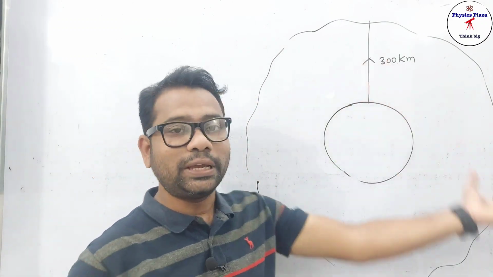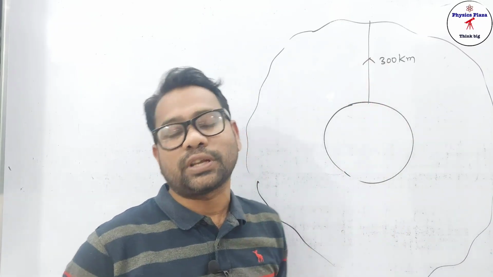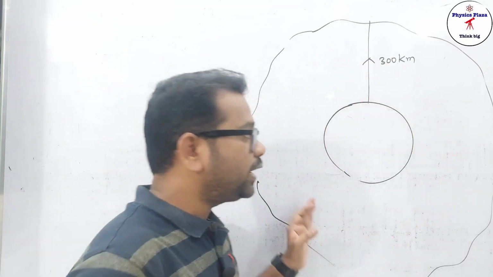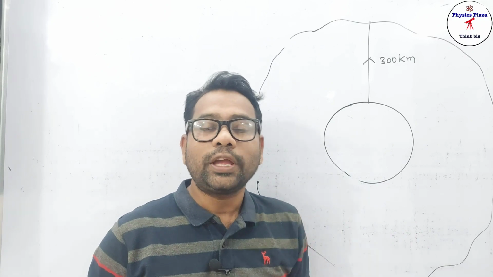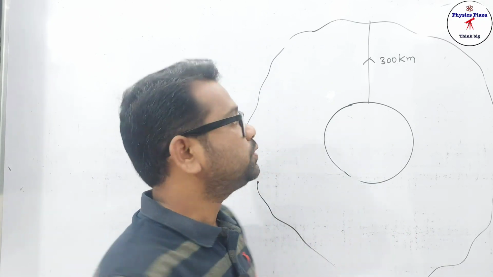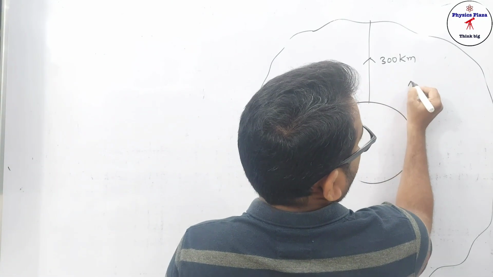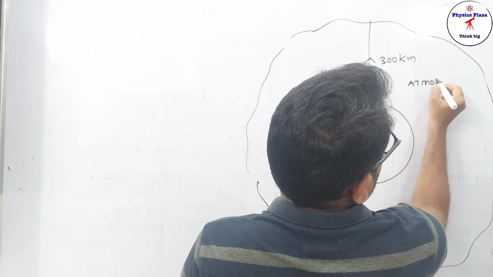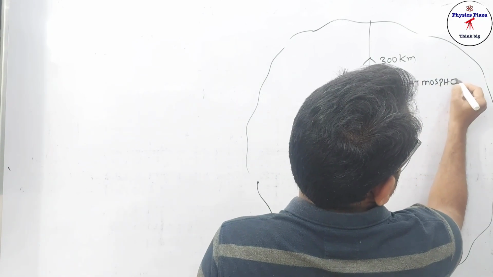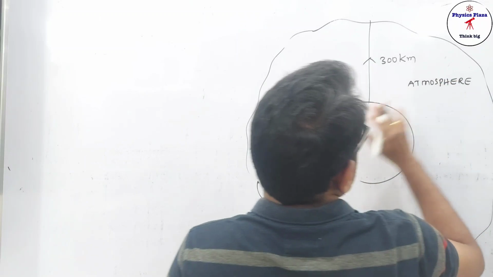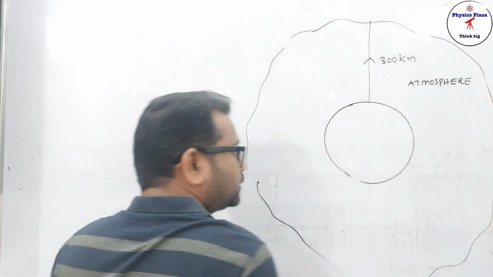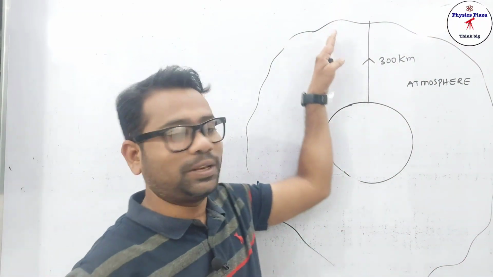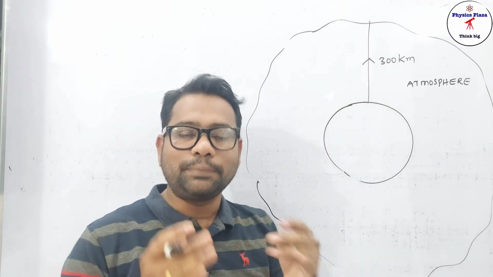This envelope of air around the Earth is what we call the atmosphere. Whatever air is there around the Earth, up to 300 kilometers, we call the atmosphere.